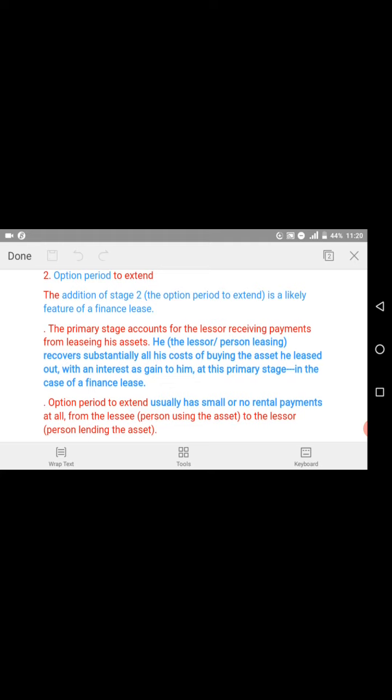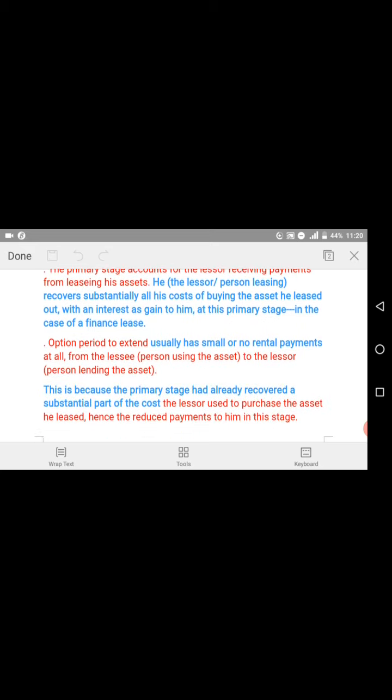Here the lessee has a very little amount to pay or no rental payment at all, and the lessee is the person using the asset, while the lessor is the person lending the asset. This is because at the primary stage, the lessor had already recovered a substantial part of the cost, or even more than his cost, that he used to purchase the assets he leased out, hence the reduced payment to him in this stage.